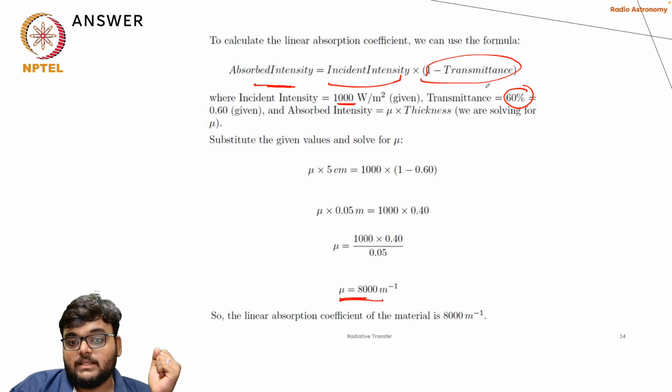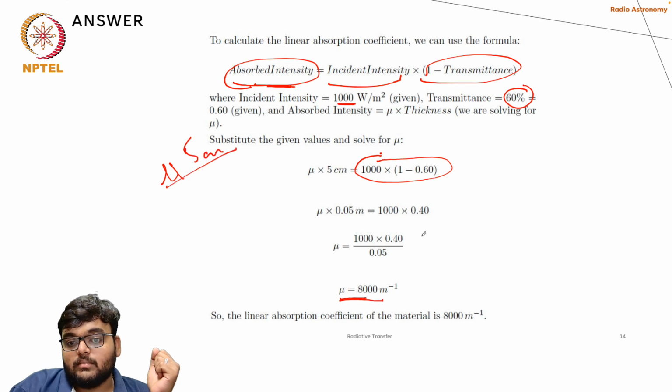So 1 minus this, we will get this quantity, and the absorbed intensity is nothing but mu into thickness. In other terms, the formula will be divided by mu, and the mu will come here. So what you get comes around to be 8000.